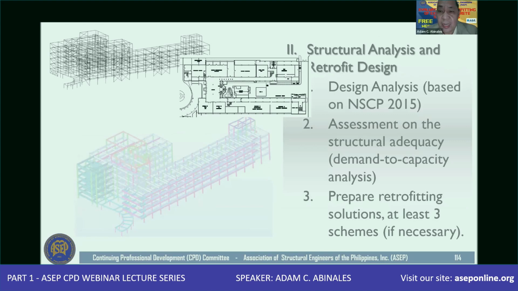Then we do the assessment on the structural adequacy of the members, so we do the demand to capacity analysis. Then we have to come up with all components' DCR ratios, and then we'll be able to identify how we are going to retrofit or rather strengthen the structure. And then we prepare retrofitting solutions. As I have said a while ago, 3 schemes are required if the retrofitting itself is necessary.